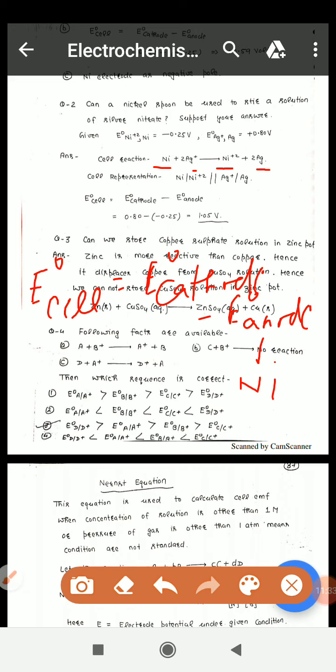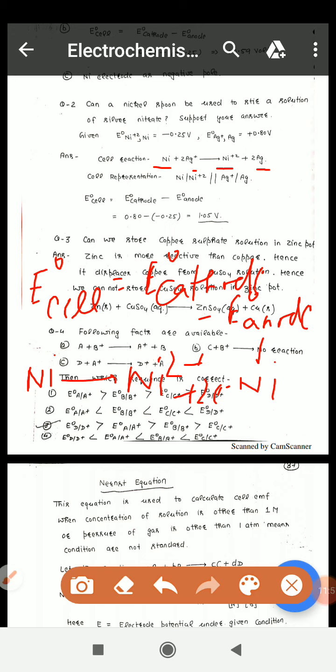Cell representation. How can we write the cell representation? First I write the separate reactions. Listen, at the anode oxidation takes place: nickel gives nickel 2 plus plus 2 electrons. Why do I write the plus 2 here? Because in the question the E naught value given is for nickel 2 plus.